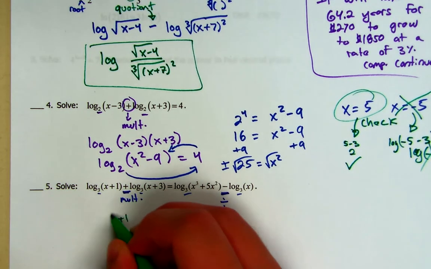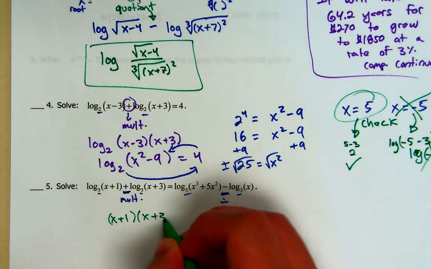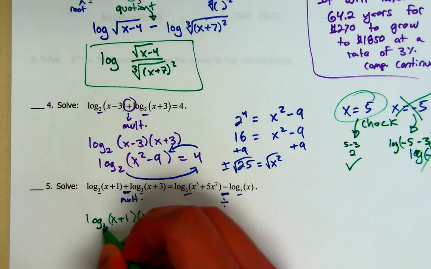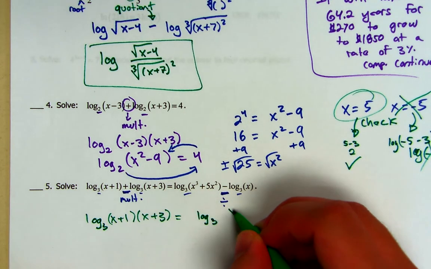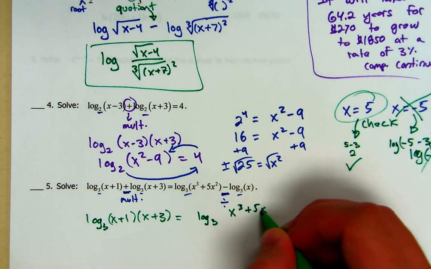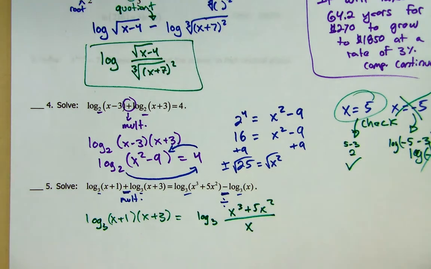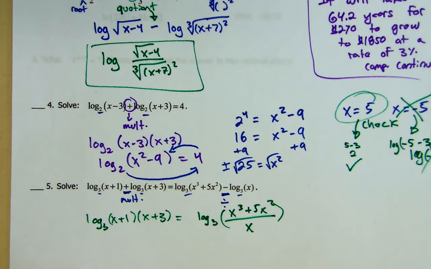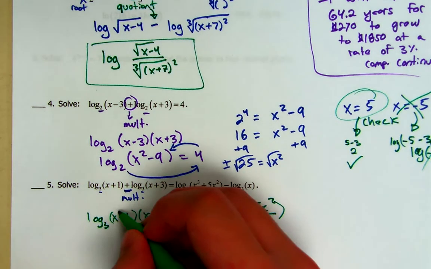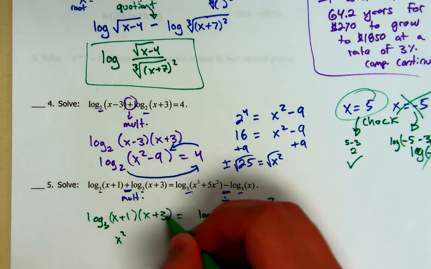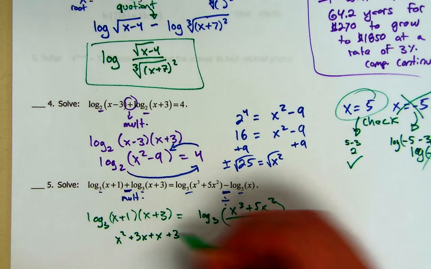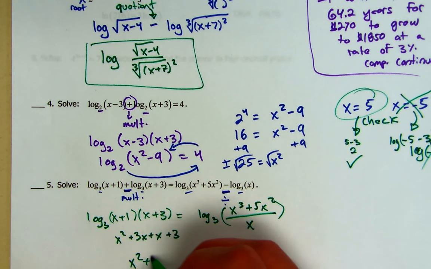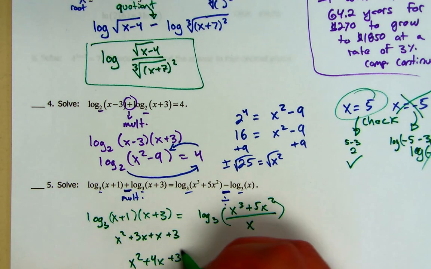X plus 1, x plus 3 equals log base 3 of x cubed plus 5x squared divided by x. And there's some simplifying we can do there. So x squared plus 3x plus x plus 3, which is really just x squared plus 4x plus 3.